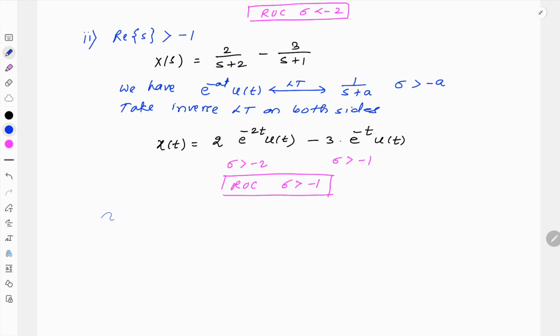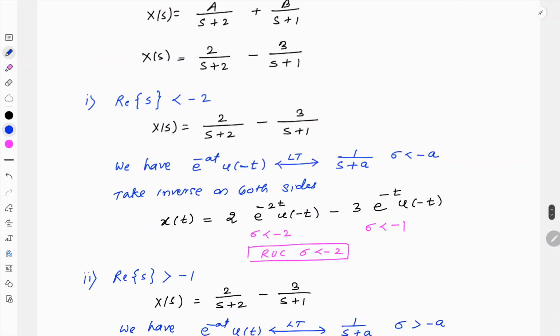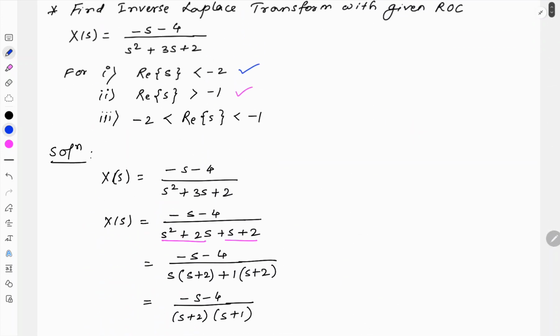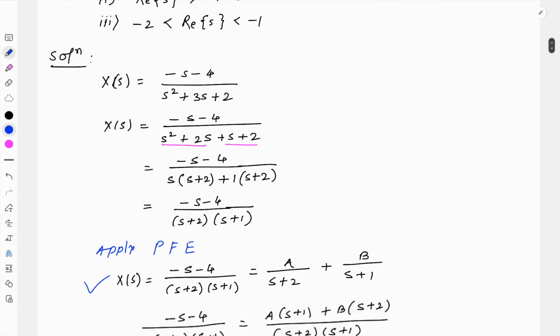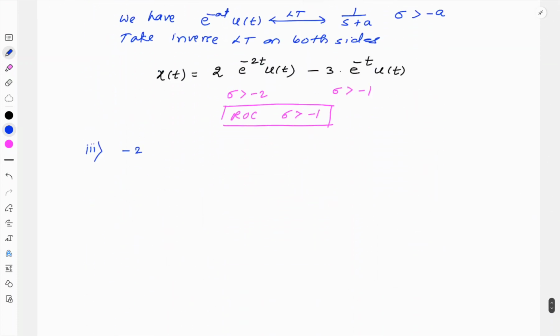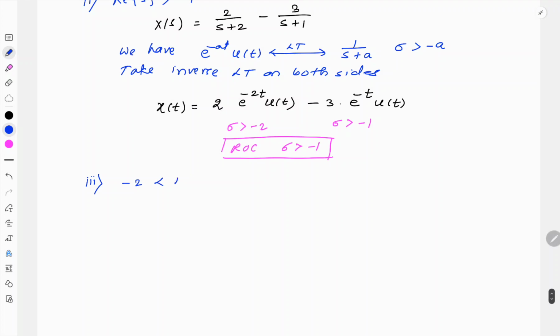And now for the third condition, we have the RoC between minus 2 and minus 1. So here in this case, we want RoC between these two. So again rewrite the answer of partial fraction expansion: 2 upon s plus 2 minus 3 upon s plus 1.